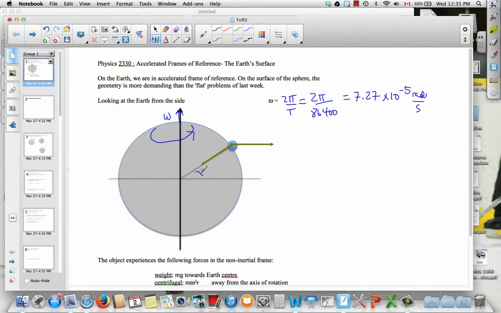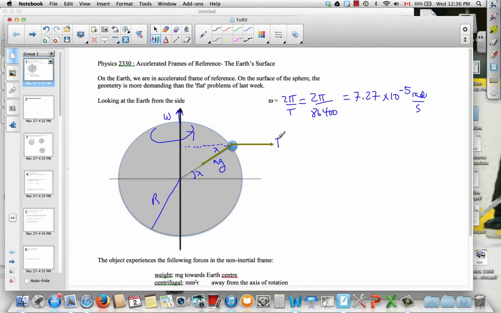So if this is the latitude lambda, and this is the radius of the Earth r, let's draw it down here. Then, this is the mg force. And then this will be the distance away from the rotational axis, and that's clearly going to be r cosine lambda.